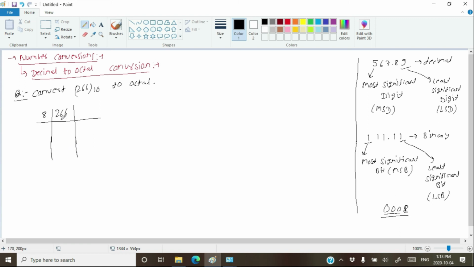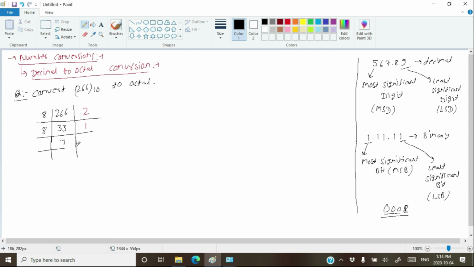The number 266 divided by 8 gives 33 as the quotient, and we get 2 as the remainder. Then divide the latest quotient by 8 again, and you will get 4 as the quotient and 1 as the remainder.